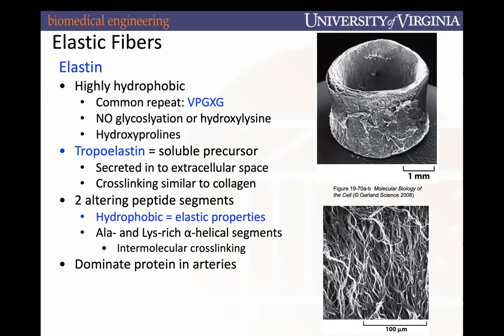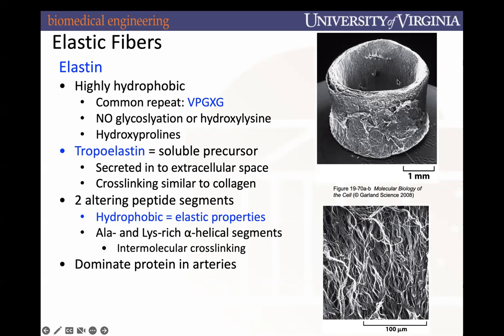Unlike collagen, there's no glycosylation on elastin, nor any hydroxylysine, but there are hydroxyprolines present here. When it's made in its soluble precursor form, that's tropoelastin, and it's typically secreted out into the extracellular space. Similar crosslinkings happen within elastin as in collagen.